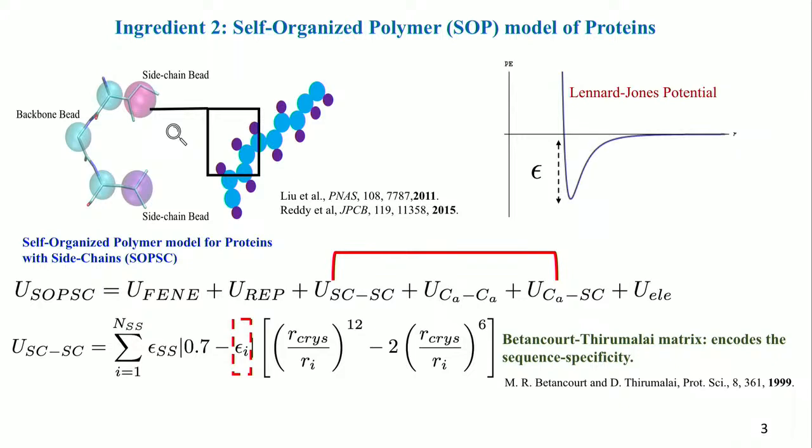This is the part of the SOP model that actually encodes the sequence specificity. This is how it is written, and this epsilon ij that is shown here is basically called the Betancourt-Thirumalai matrix, and this epsilon ij will take different values for different amino acid pairs that are in contact. So this is where the sequence specificity part of the model comes in.